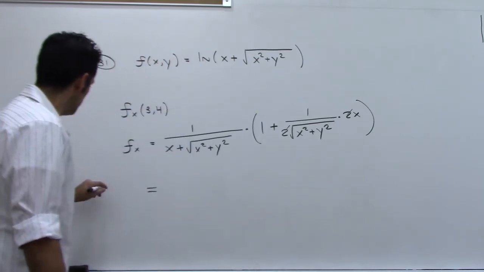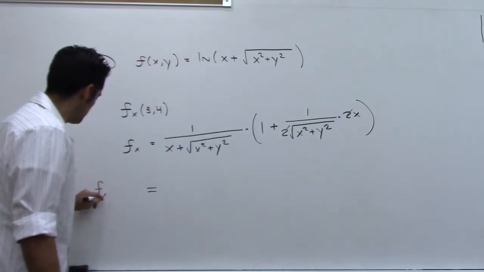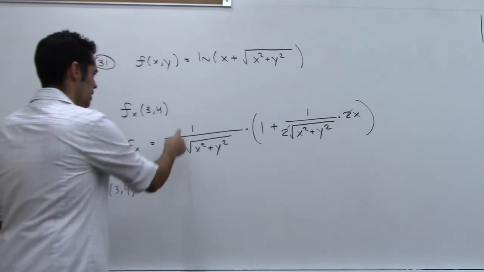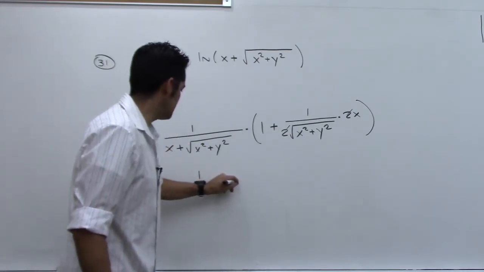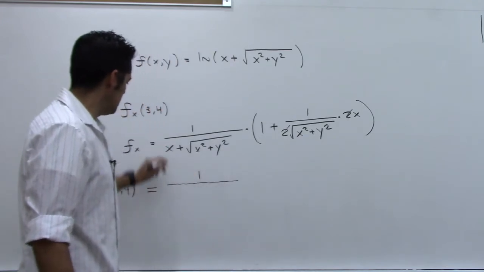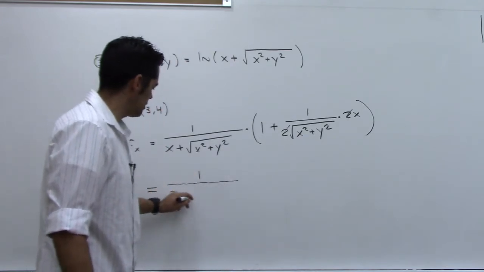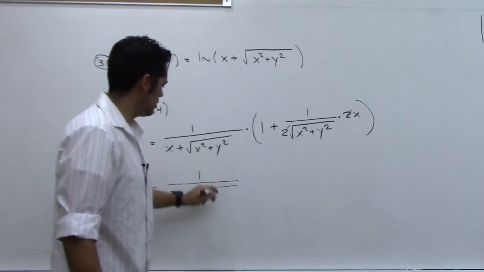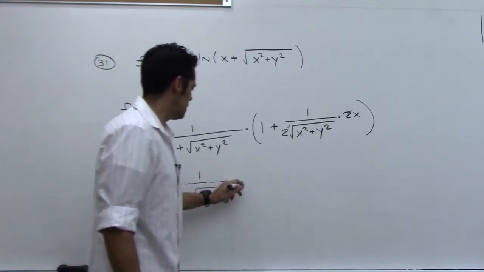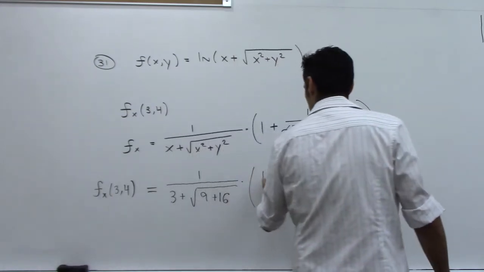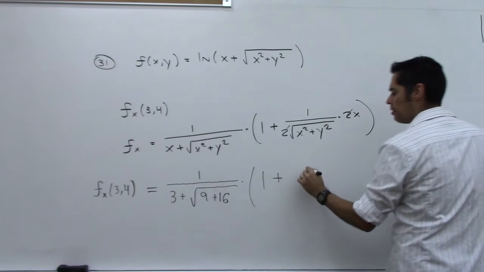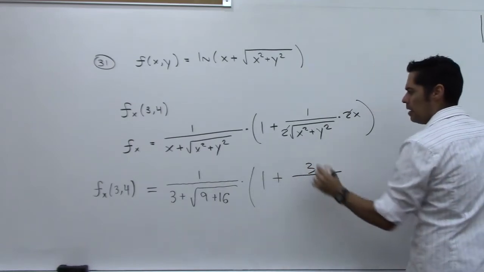Okay, and I'm actually going to just plug in now. What's the partial with respect to x at 3, 4? Let's replace all my x's with 3's and all my y's with 4's. So 3 plus the square root of 3 squared, which is 9, plus 4 squared, which is 16, times, in parentheses, 1 plus 3 on top, since it's really just an x on top, and the 2's canceled.